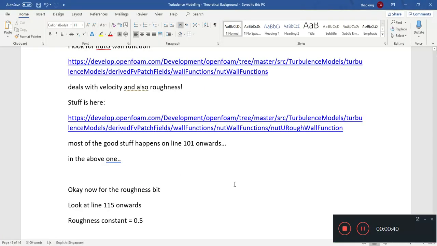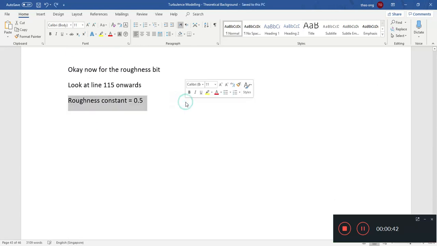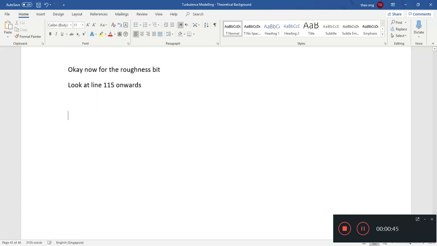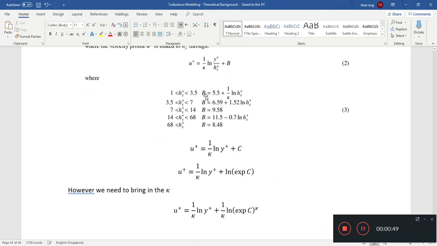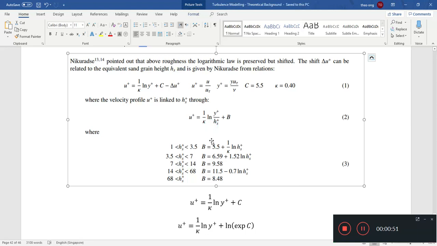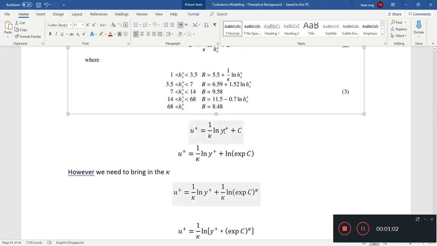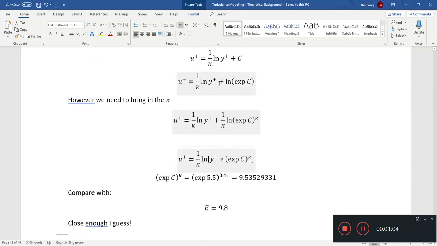So let's take a look at what we know. This is what we are familiar with: u plus equals 1 over kappa ln y plus plus c minus delta u. What OpenFOAM uses is the exponential form.